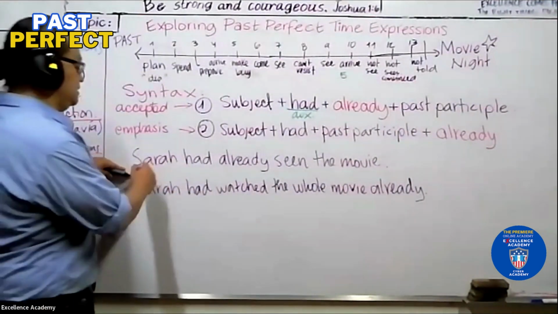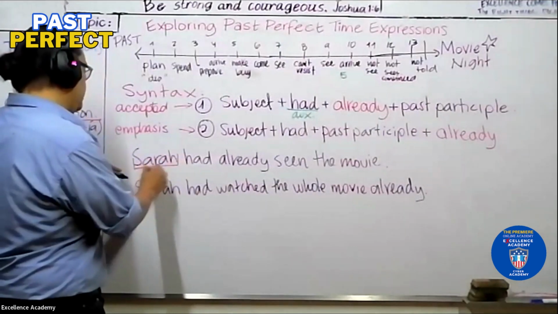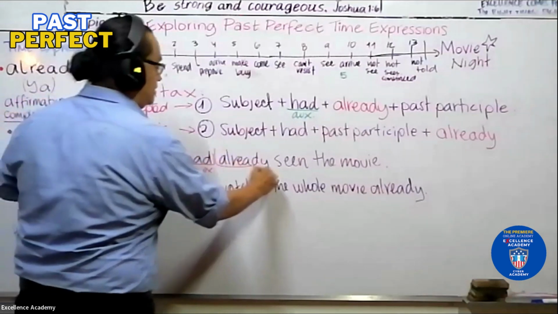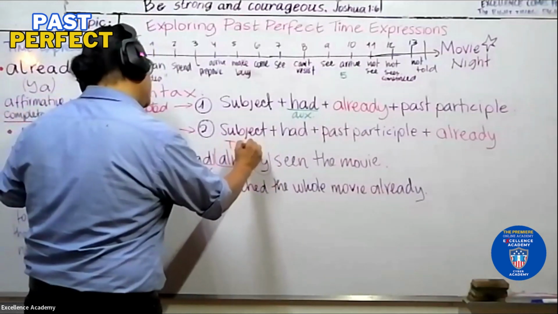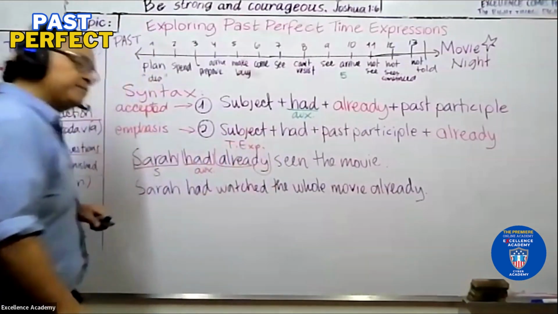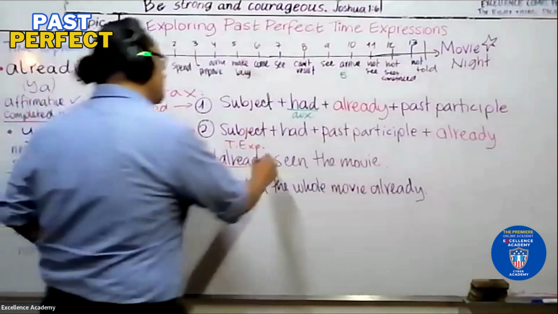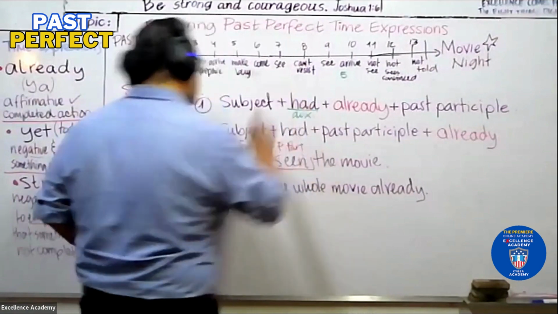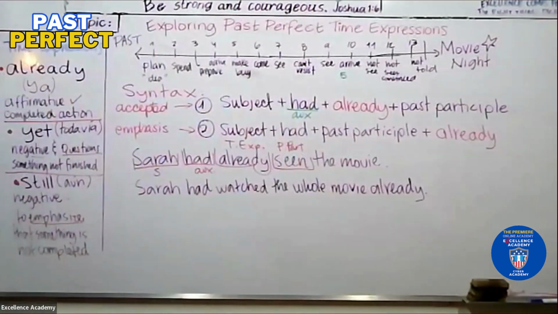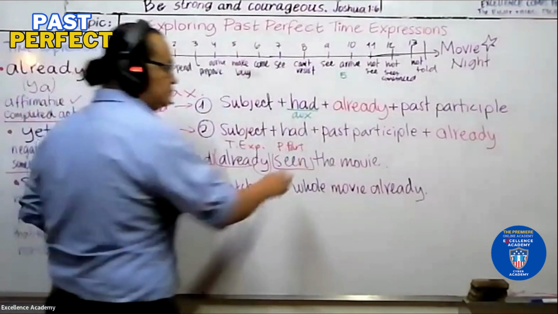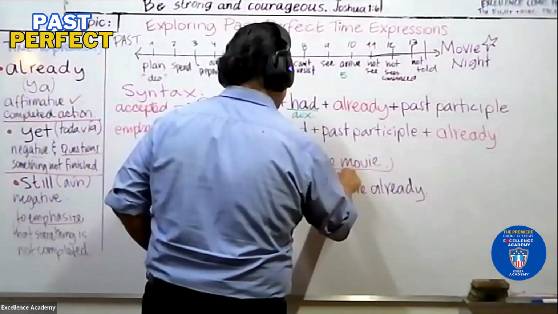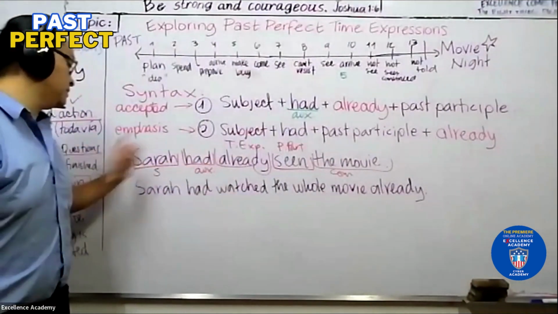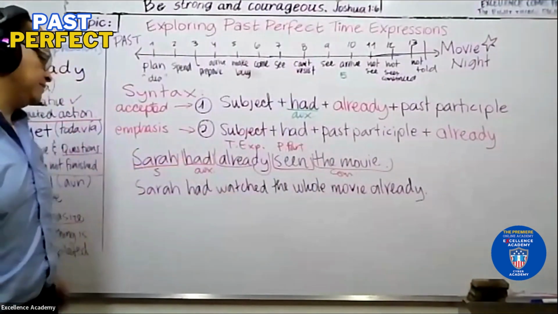So here you can see the subject clearly, Sarah, had, the auxiliary, already, which is our time expression, or the adverb already, and the participle seen. The rest is complement. So this is the most common application that normally we would use with already. That's the position. We can't put it somewhere else before or something like that, right?